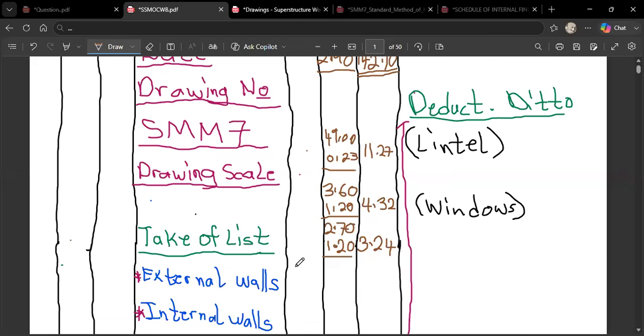So I'm going to put a 4 in the times column. So that is going to be 4 times 1.80 times what? 1.20.